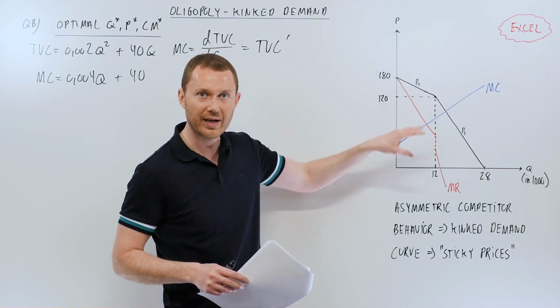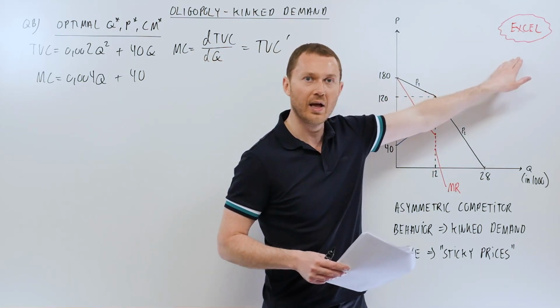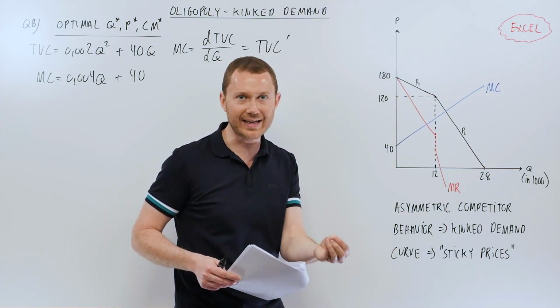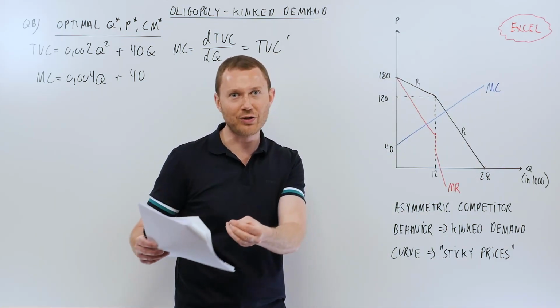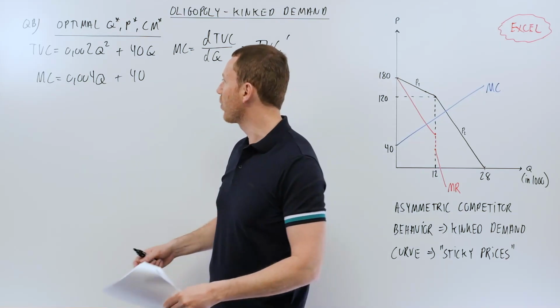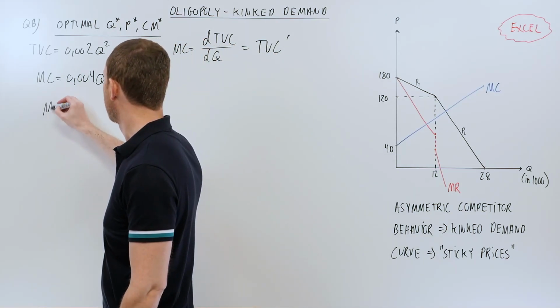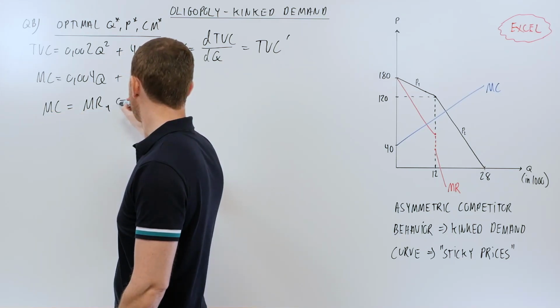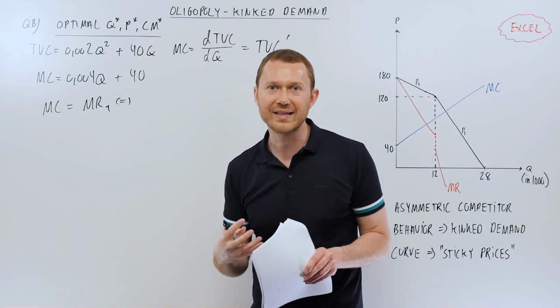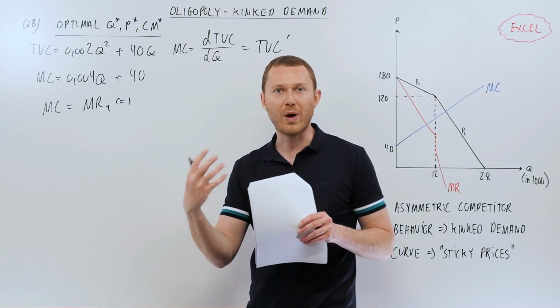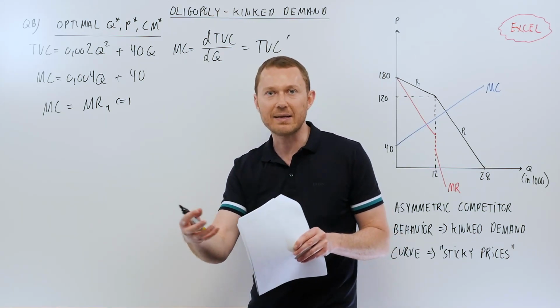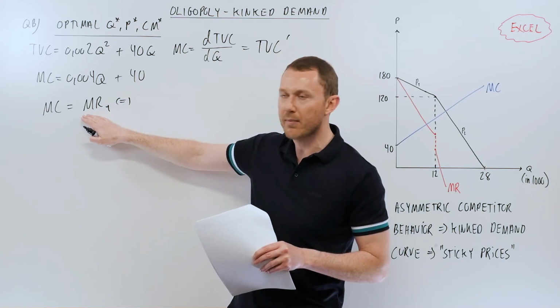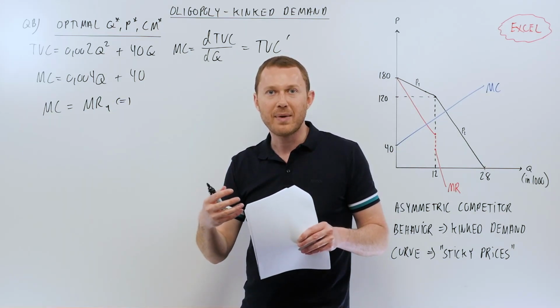If you make a graph by hand or in Excel, you'll be able to look at that illustration, and from that you can conclude, okay, then we optimize by setting MC equal to MR1. When you do this at the exam, remember to write that you can see in your graph that it intersects in MR1.